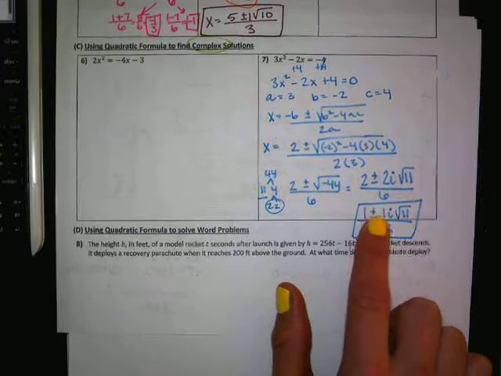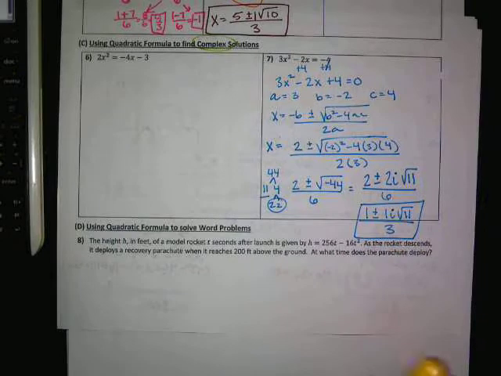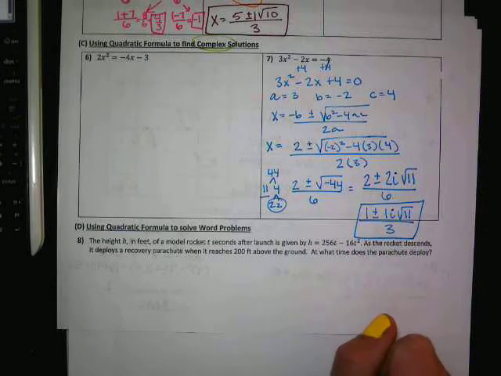But you don't need this one because the i is there. So you don't have to put 2 parentheses, 1 plus or minus 1i. No. Okay.